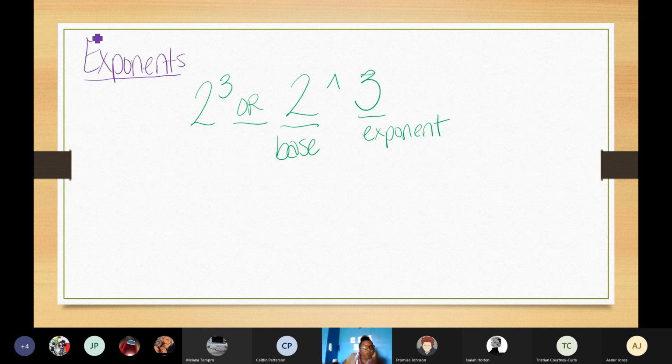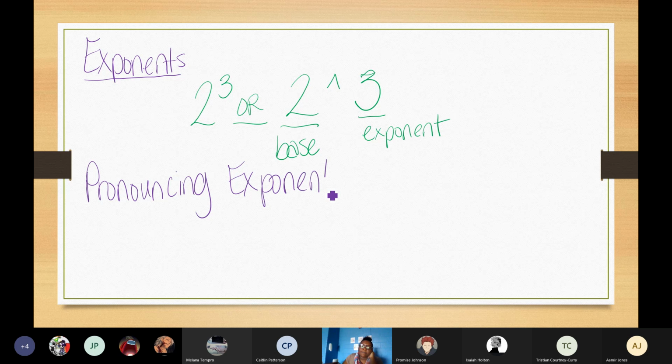Our next thing is pronouncing exponent expressions.